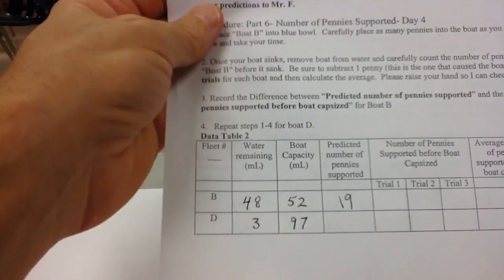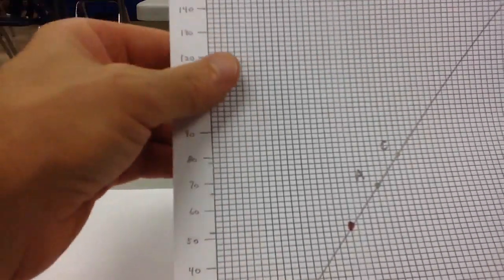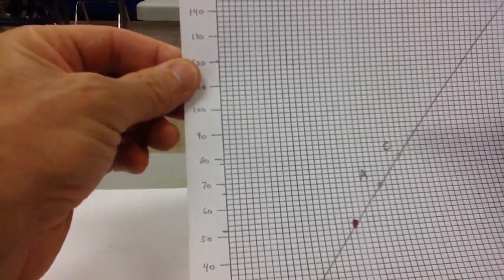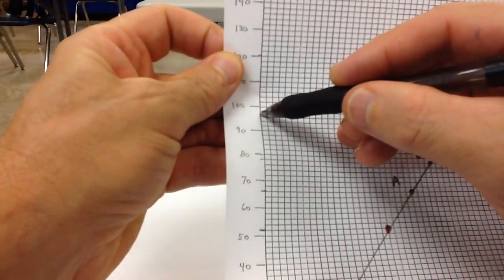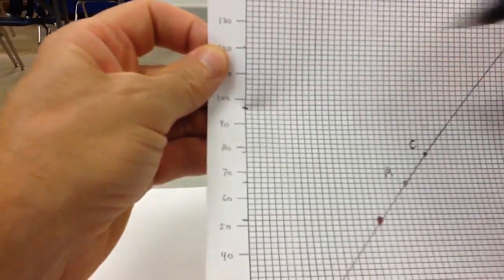Boat D states 97 is the capacity. If I go over here, 97, you can see it comes up here. It's going to be about right there. So once again, I get my white sheet of paper.